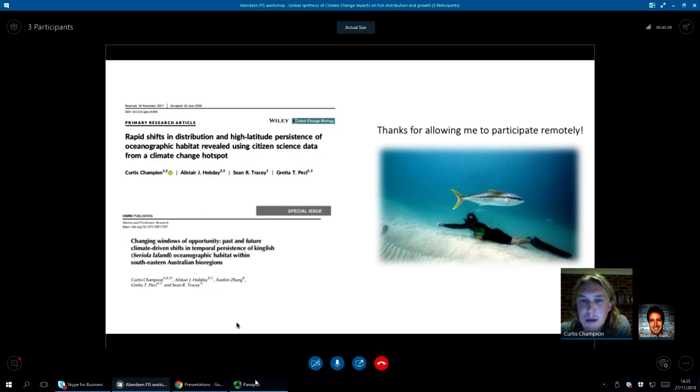The data set that I actually used to parameterize my habitat model came from a citizen science data set, a very, very large tagging database. And the way that I accounted for fishing effort in the database, where there was no information about fishing effort, was that I simply included year as a random effect in the habitat model, which allowed for variation among years.